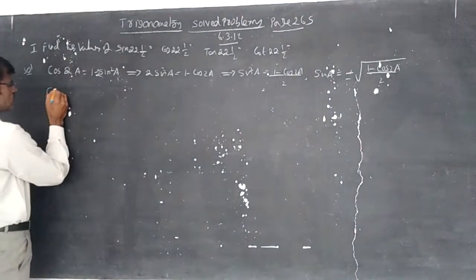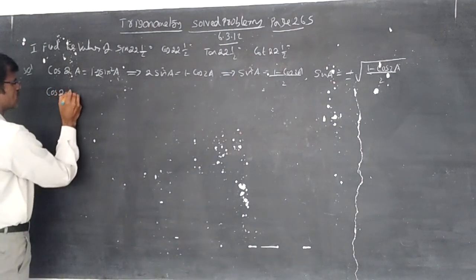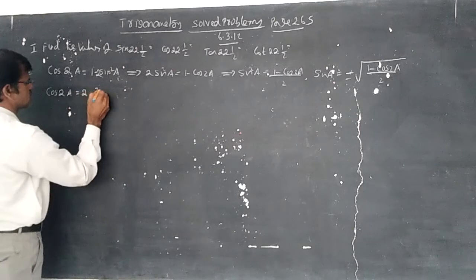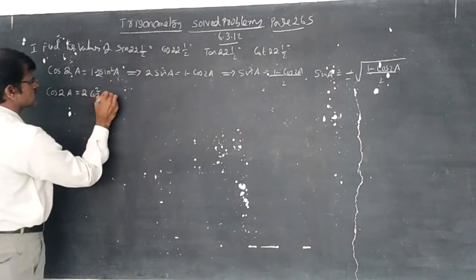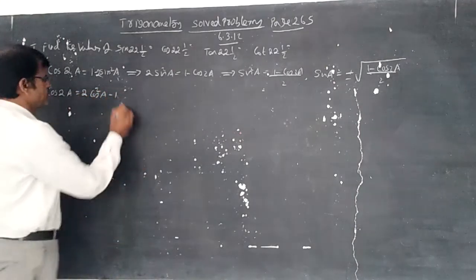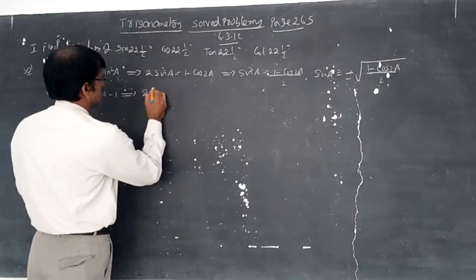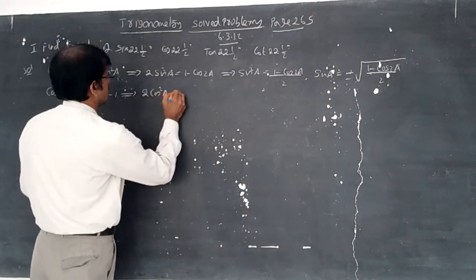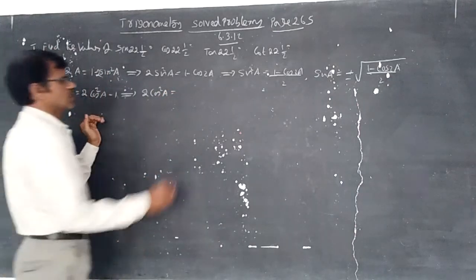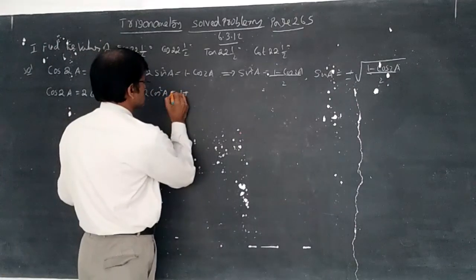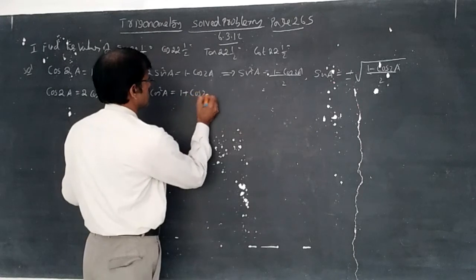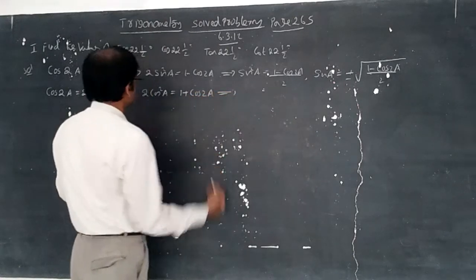Next, also the formula of cos 2a in terms of cos: 2 cos square a minus 1. This minus 1 taken this side, it becomes 1 plus cos 2a. So 2 cos square a is equal to 1 plus cos 2a.